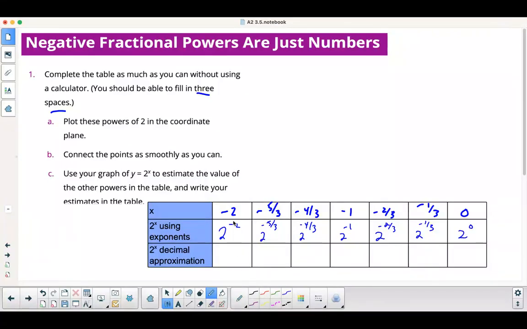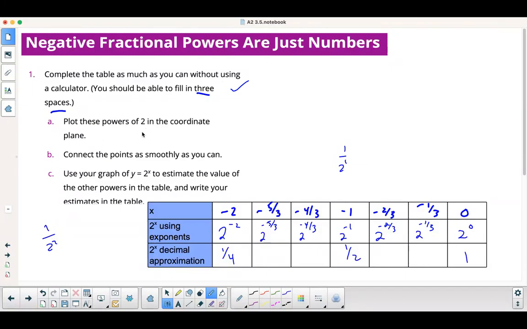So the 3 I can do looks like this one. This is going to be 1 over 2 squared. I'll do a little scratch work over here. 1 over 2 squared is 1/4. This one here is 1 over 2 to the positive 1, 1/2. And then anything to the 0 is 1. So there's the first part.